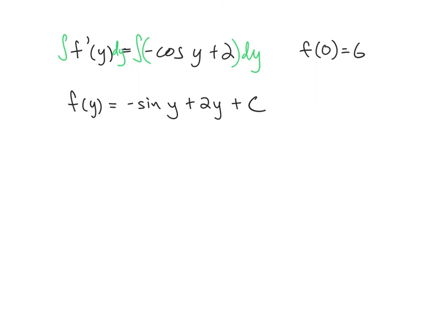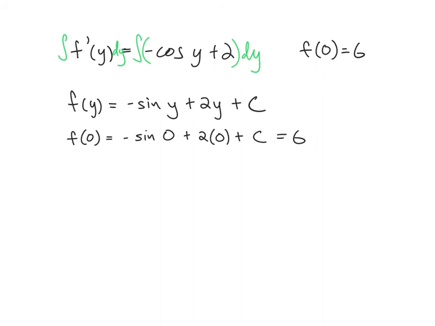Now, we set this up very similarly to the last one. We know we will have f of 0 equals negative sine of 0 plus 2 times 0 plus c, and that will equal 6. Because when you substitute 0 in for y, you should get an answer of 6. So I substituted 0 in for all the y's, plus c equals 6.